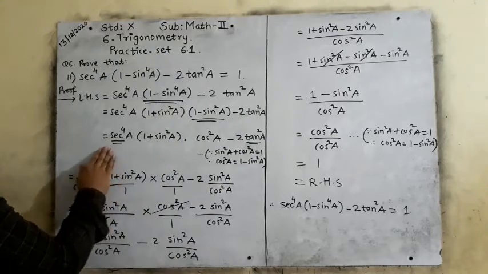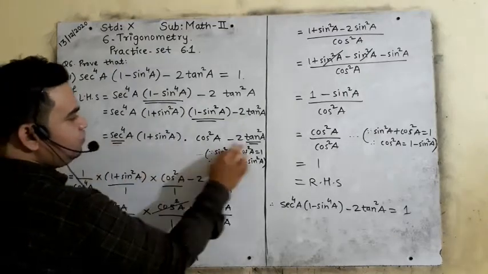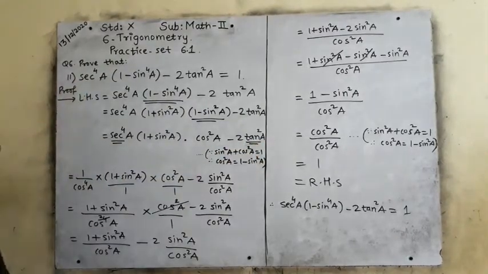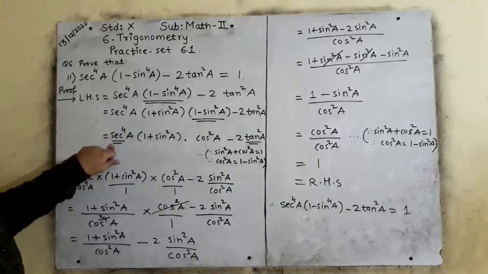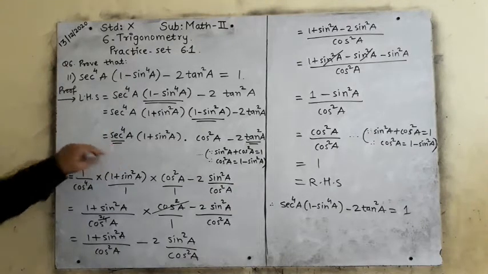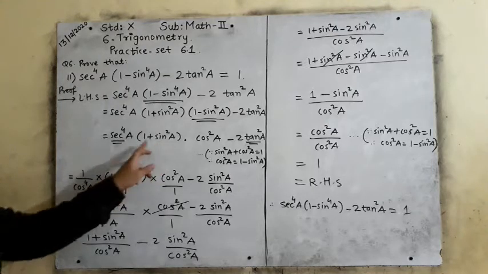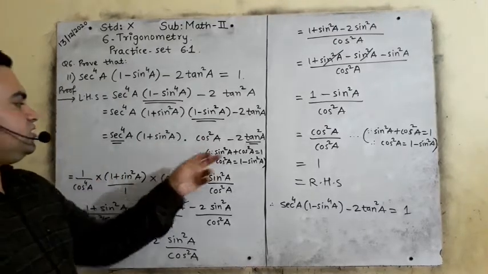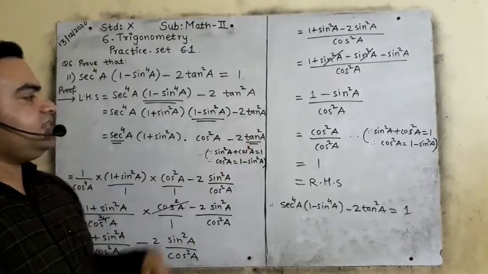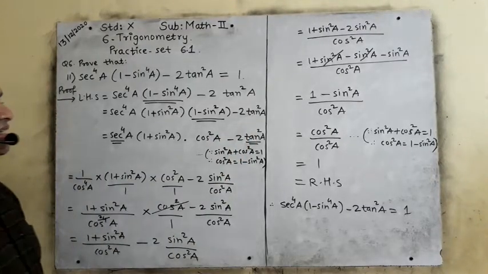Now can you see I have underlined here sec raised to 4A and tan square A. Sec is the reciprocal of cos, so we will write 1 upon cos raised to 4A. Next, as it is, cos square A, minus 2 tan square A. What is the value of tan? Tan theta is equal to sin theta upon cos theta.